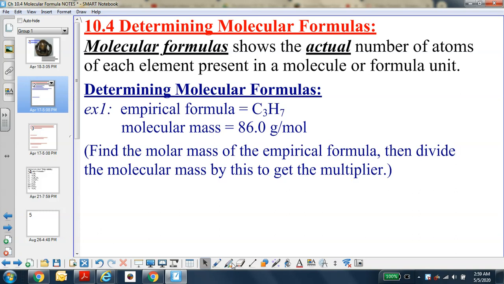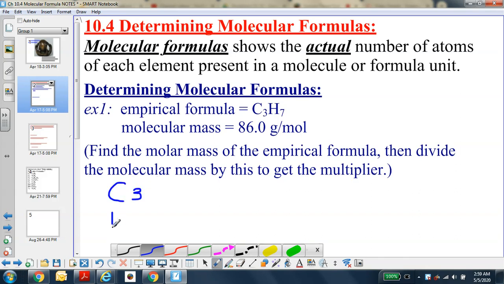So I'm going to write down carbon. I have 3 of them. Hydrogen. There are 7 of them. And we're going to look up the atomic mass of carbon on the periodic table. Rounded to one place past the decimal is 12.0.